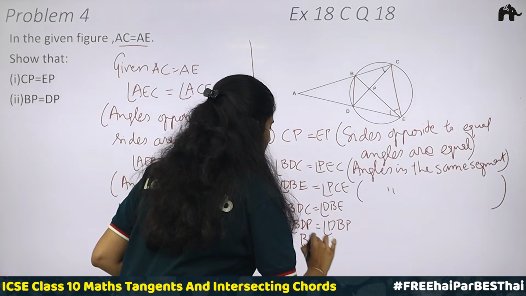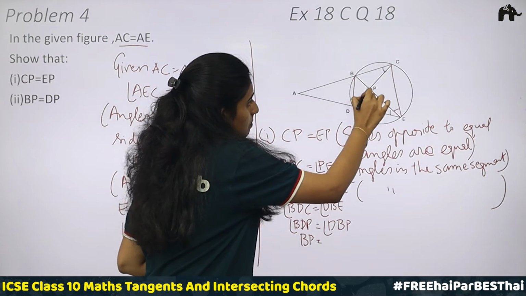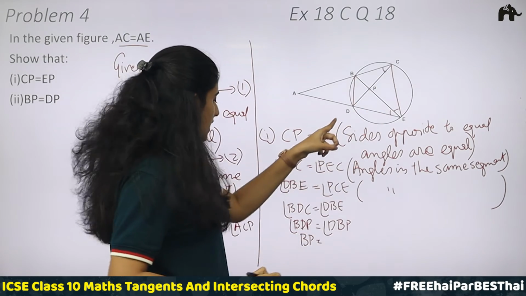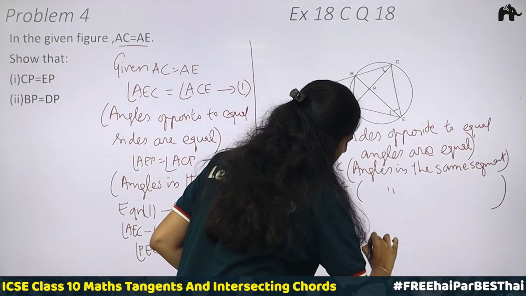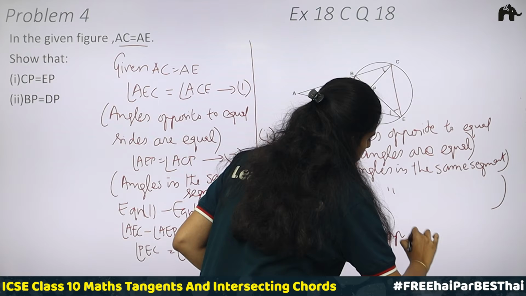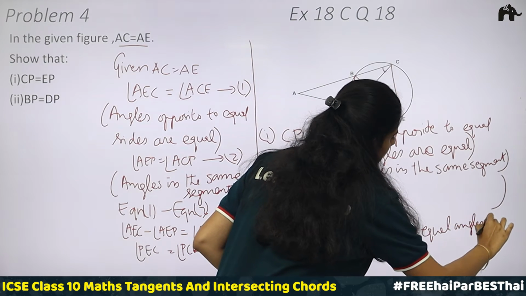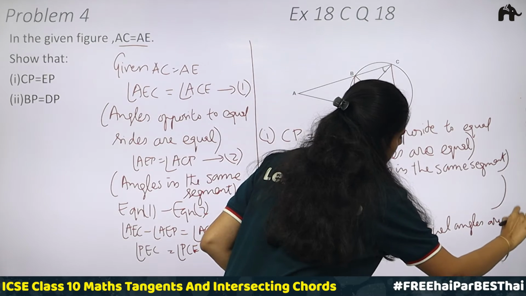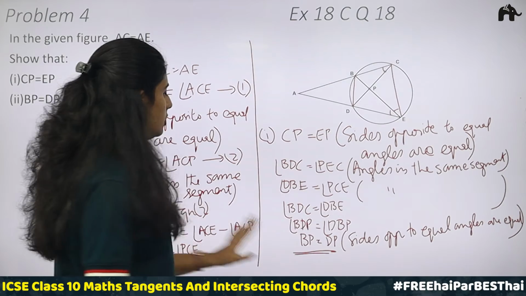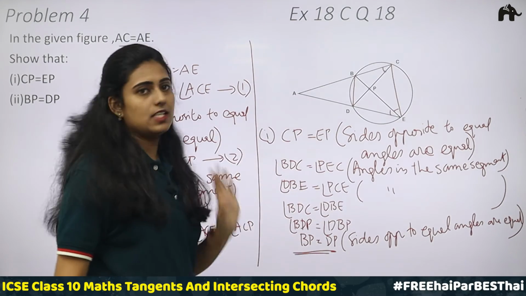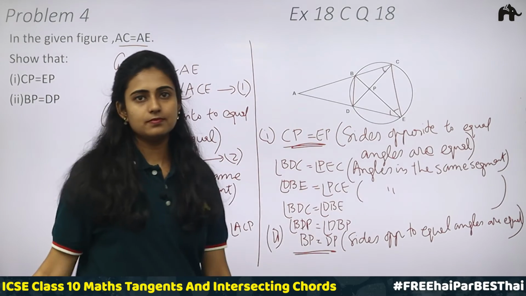Opposite to DBP, we have side DP. Sides opposite to equal angles are equal. So here we have the proof. We got BP is equal to DP and CP is equal to EP. So this is the second one. Clear?